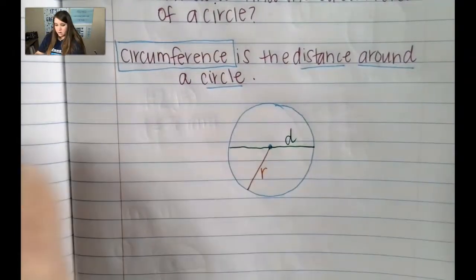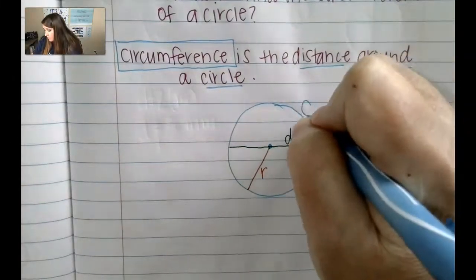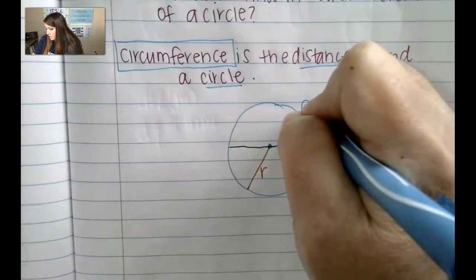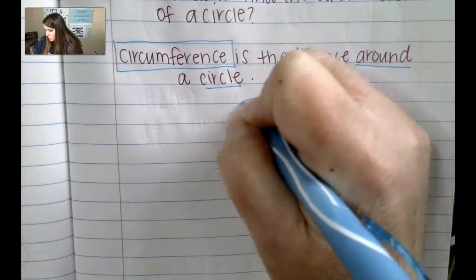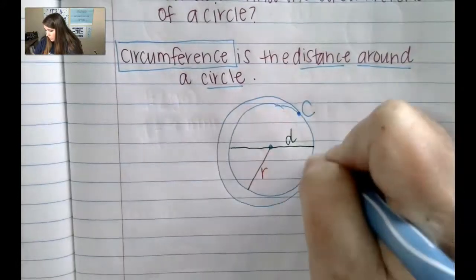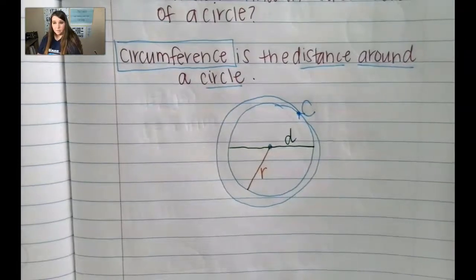And now we are going to have the circumference. The circumference is the start of around the circle and back again. Okay, that is your circumference.